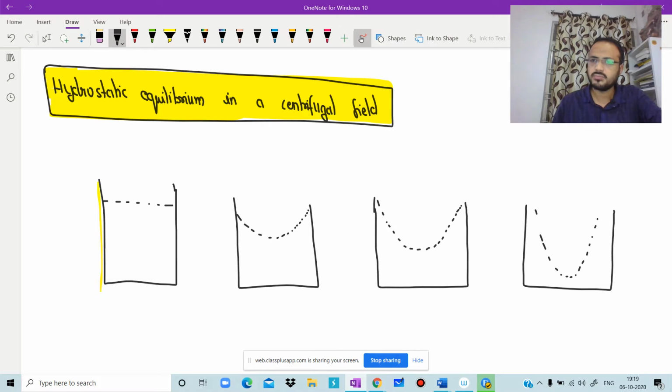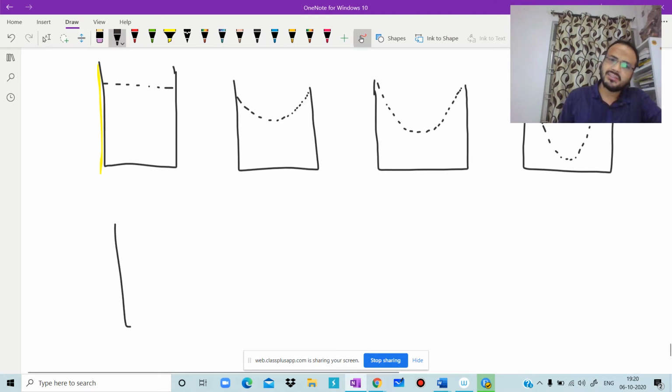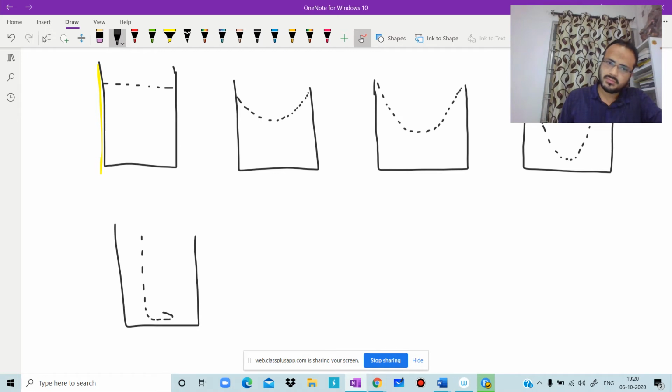Yes or no? In case of industrial centrifuges where speed is of thousands of rpm, then what will you analyze? You will get that there is such type of virtual cylinder.